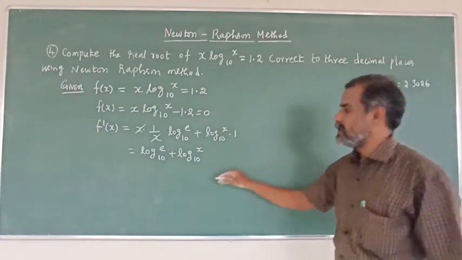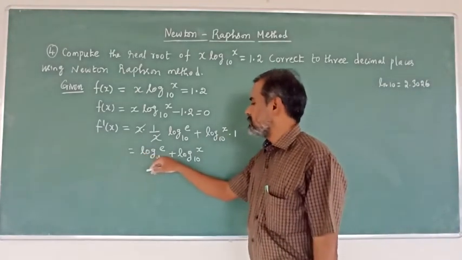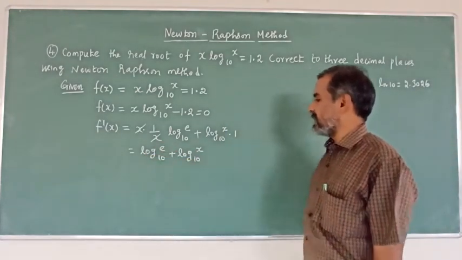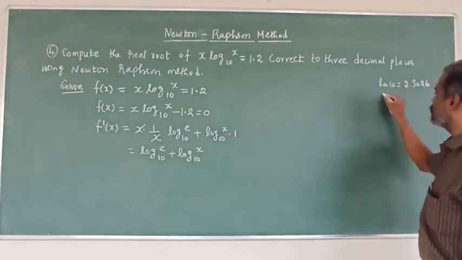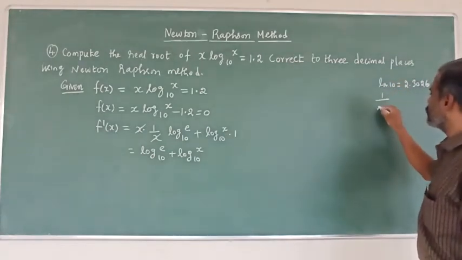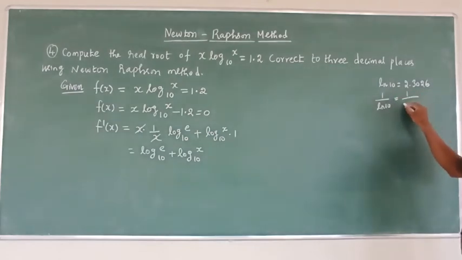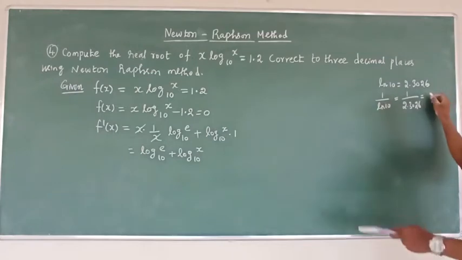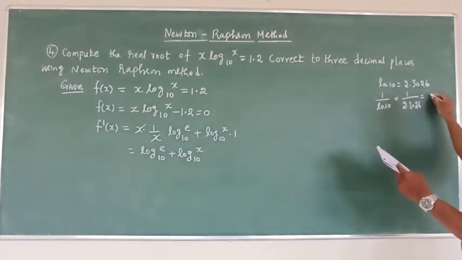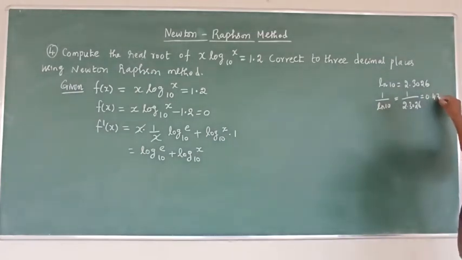Now required log base 10 of e. For that divide 1 by ln 10, that is 1 divided by 2.3026 equal to 0.4343.